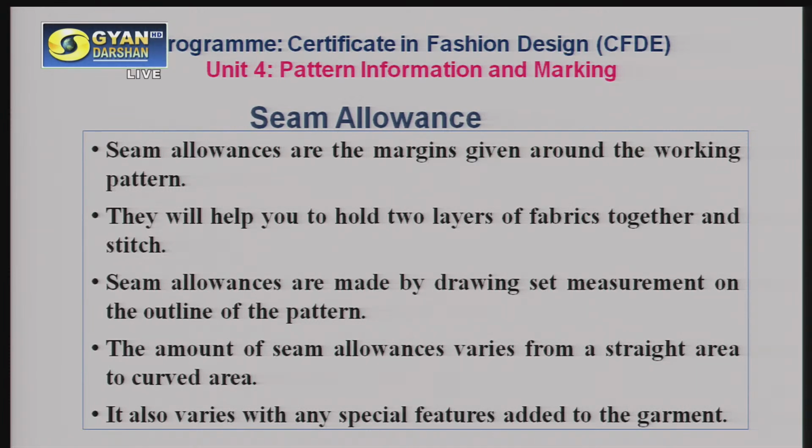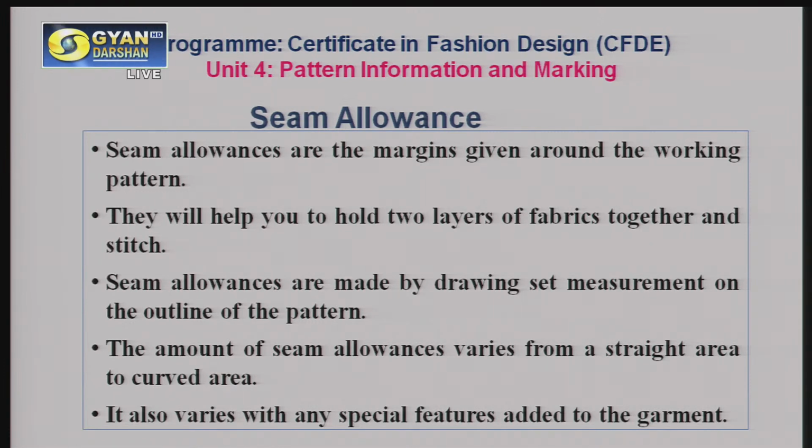In the body measurement part, we said that we do not add any extra ease or margin when taking the measurement. We do that in the pattern development part, and the seam allowance is part of adding that extra ease or allowance.